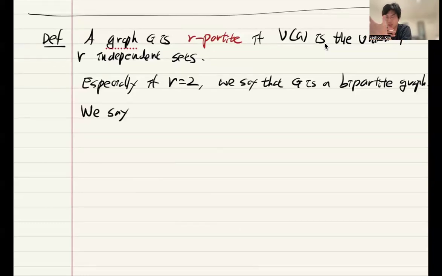So all the edges are between these two sets, which is the same as saying this upper set is independent and this lower set is independent.